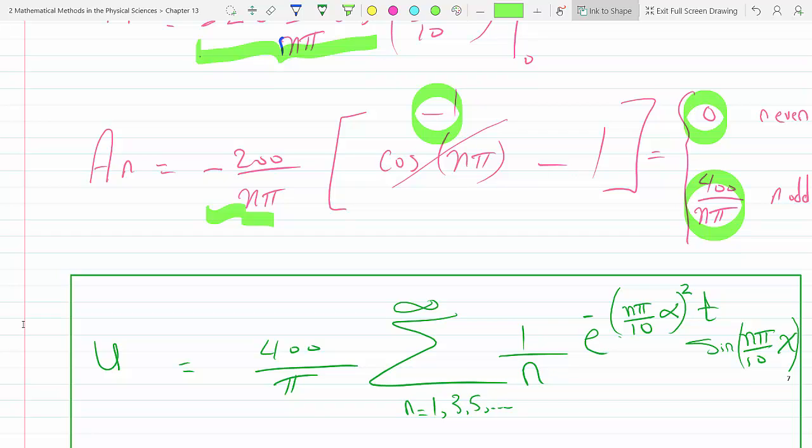That's what u is. This does it and gives us the temperature distribution in the bar.